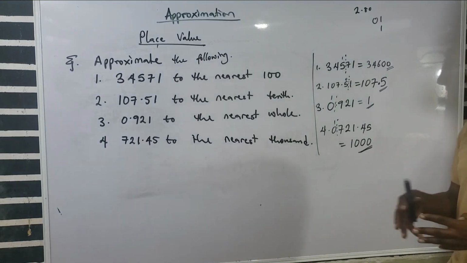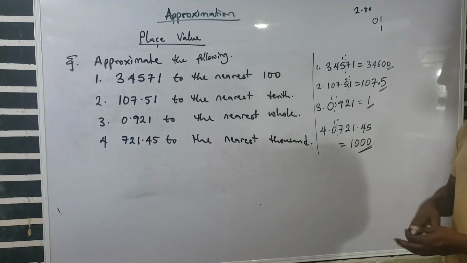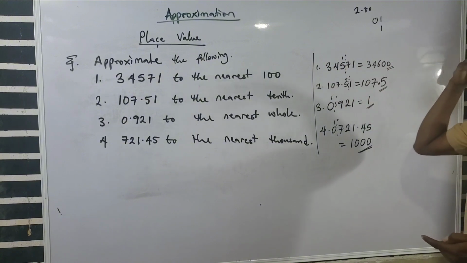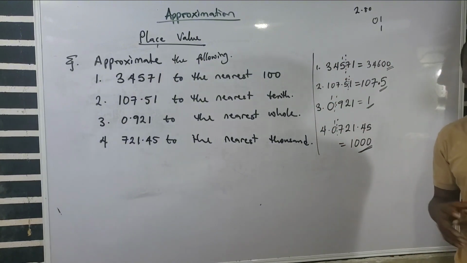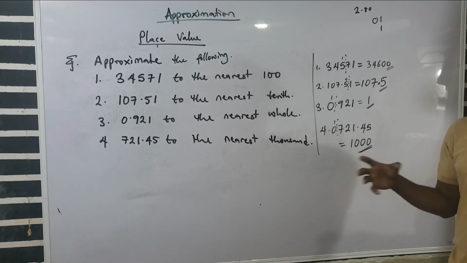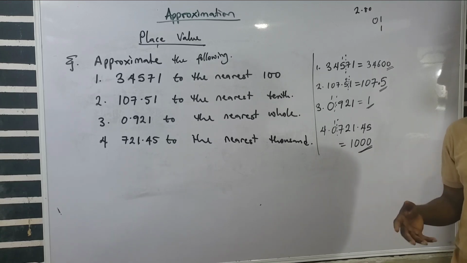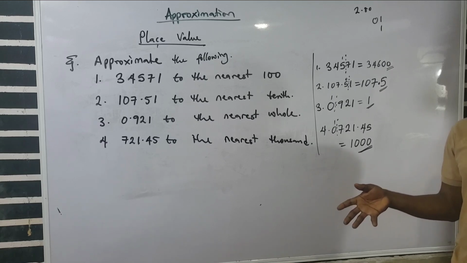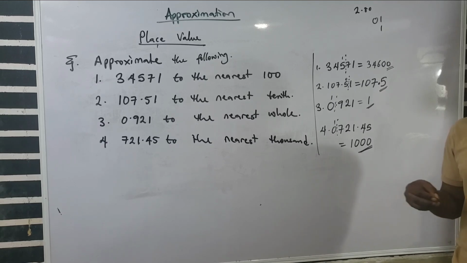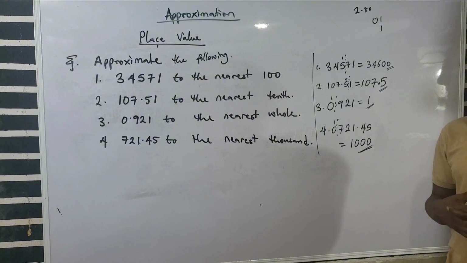Now let us look at when you have done an approximation, whether in place value, decimal places or significant figure, and you are not asked what is the boundary of that particular number. How do we do that? I'm going to show you a couple of examples so that you can learn how to find the boundary of a number that's approximated to a certain value.